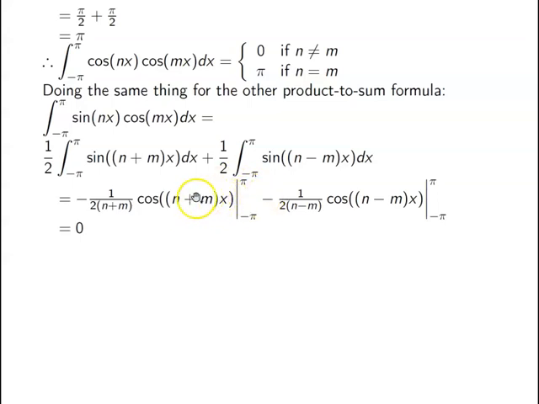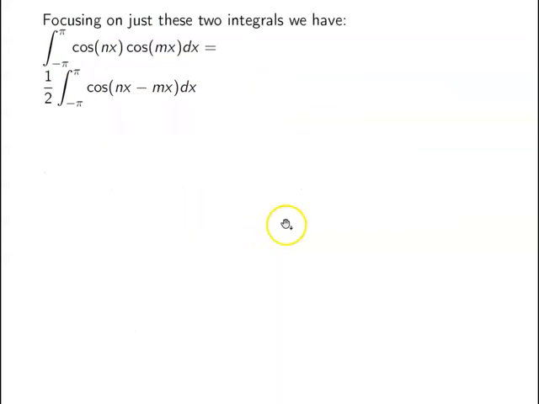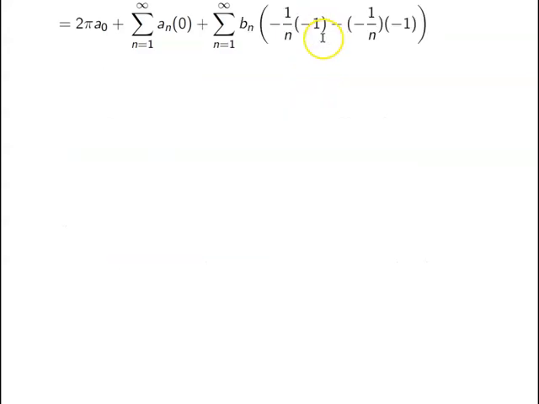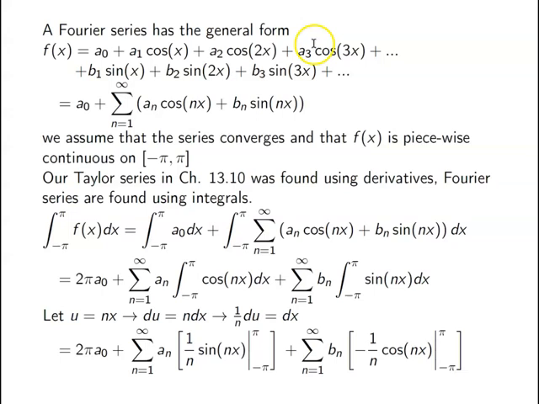Okay, so this is going to give me 0. We saw this already. For n plus m, any constant multiple of pi for cosine, at pi and negative pi, is going to give me that 1 minus 1 stuff that we calculated earlier for the first integral. So we have the same thing going on.